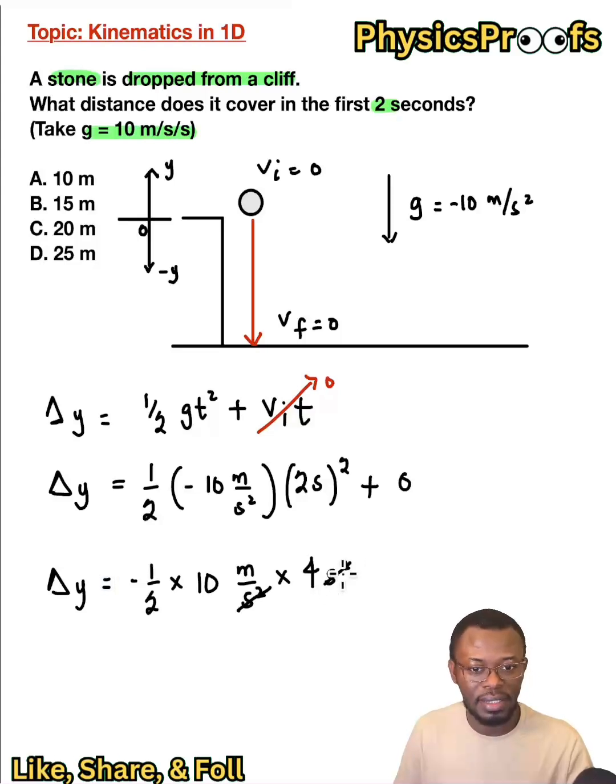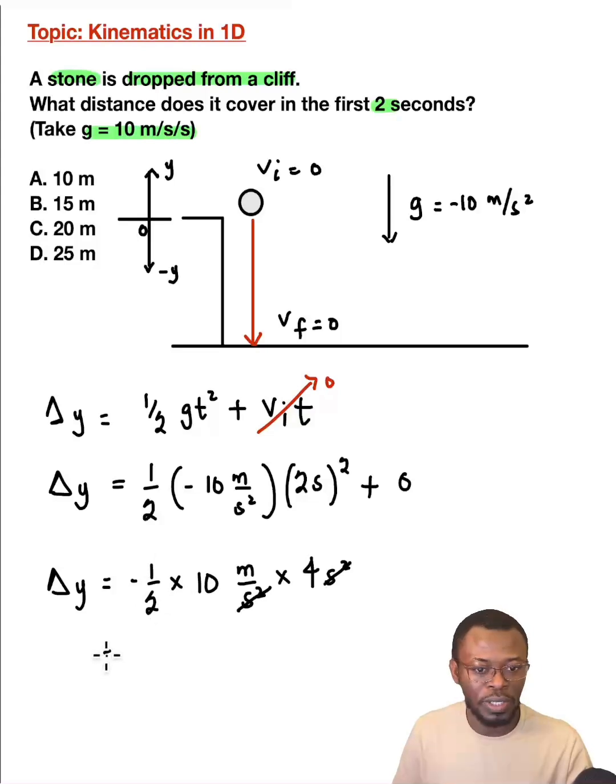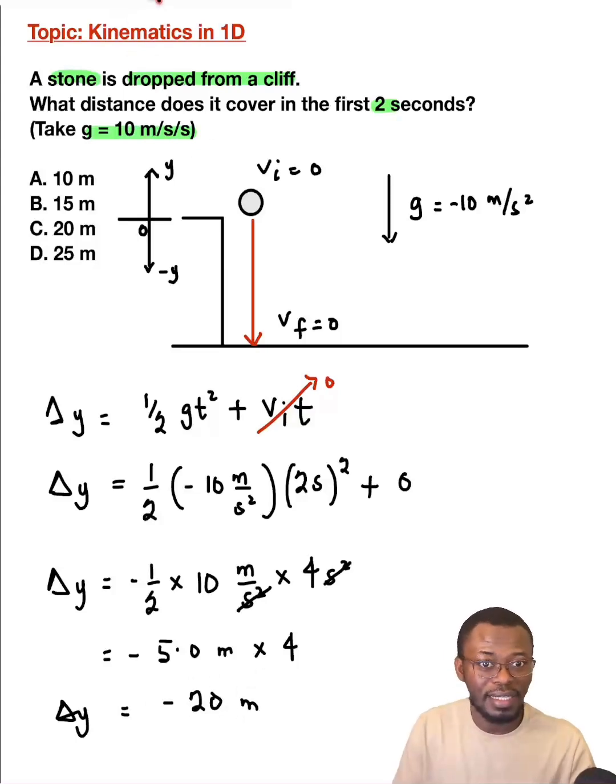So we are left with 1/2 of 10, which gives us negative 5, and then times 4. This gives us delta y equal to negative 20 meters, and this is the vertical displacement.